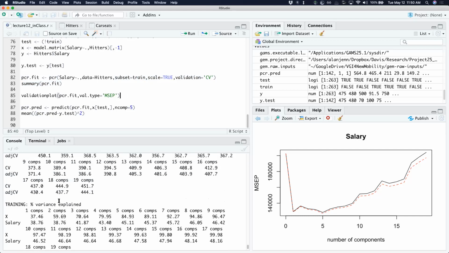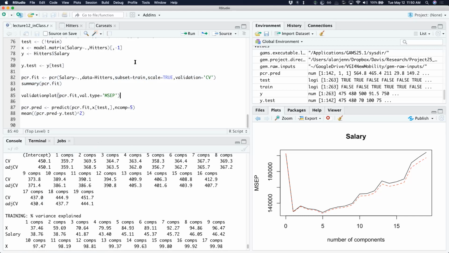It will treat the subset as your training, and then do the cross-validation against the stuff that's not contained in the subset. This was just to show how to do that manually.